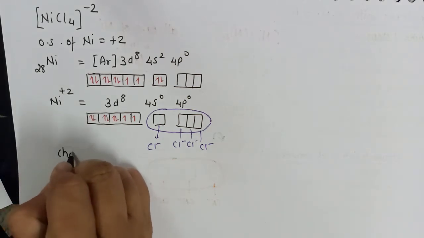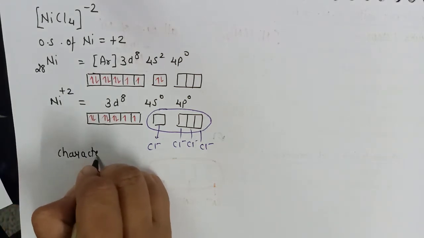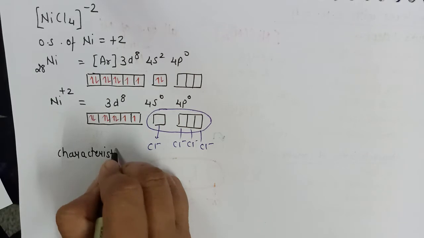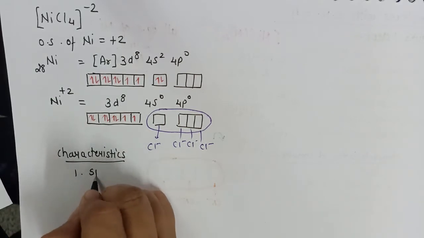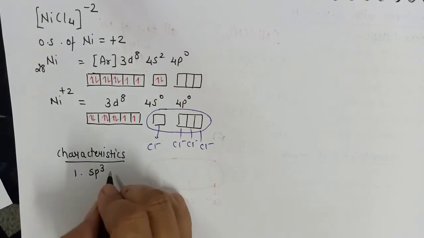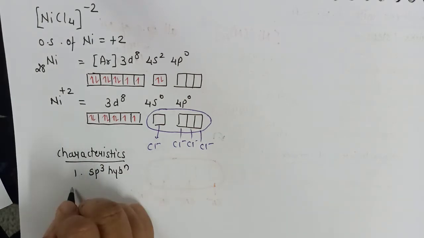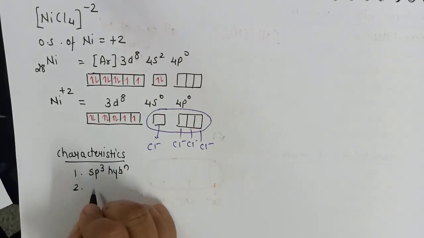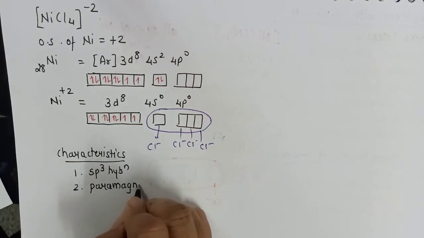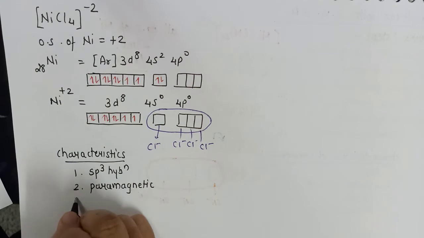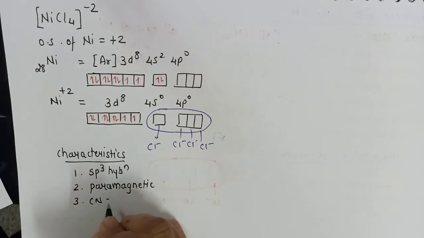So what are the characteristics of the complex? The first one, it has shown sp3 hybridization. Secondly, it is paramagnetic in nature. Why? Because it contains 2 unpaired electrons. Thirdly, its coordination number is 4.